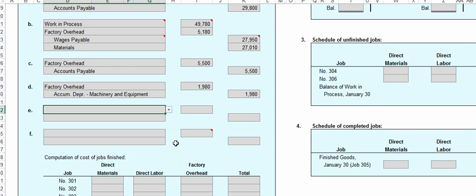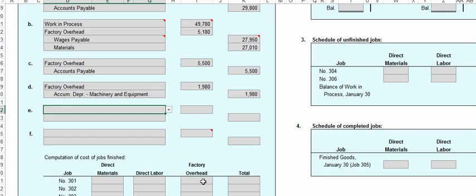So they'll estimate the total cost for factory overhead for the month and divide that by estimated machine hours. They come out with a rate of $54 per hour. That allows them to cost a job like 301. We'll know the direct materials cost for 301 when the job's completed. We'll also know the direct labor cost.